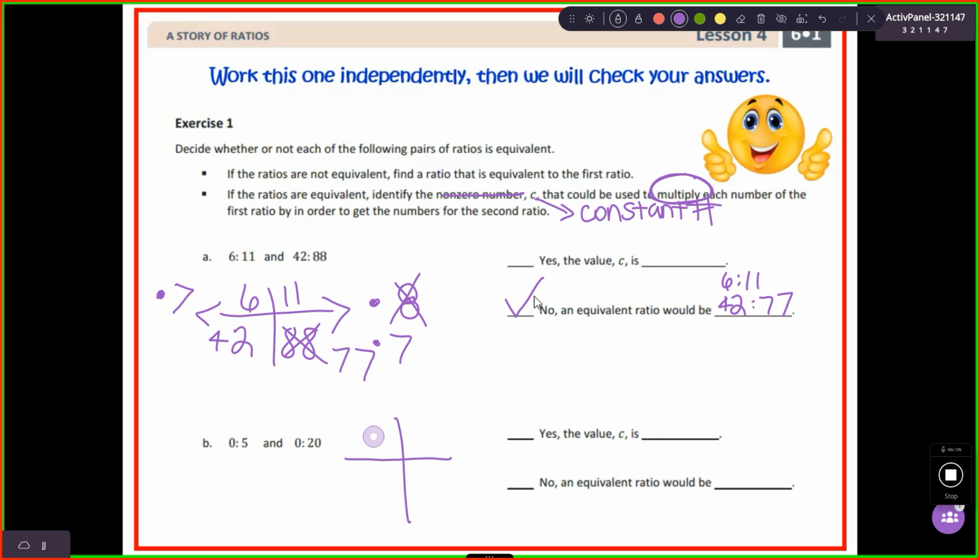My ratios are 0 to 5 and 0 to 20. What could they possibly multiply by on each side? Could it be the same number?